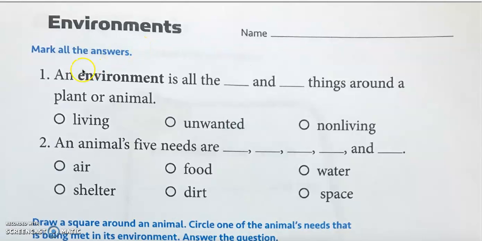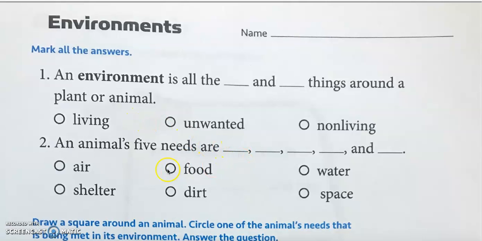Environment. Okay, number 1, an environment is all the blank and blank things around a plant or animal. Right. An environment is all the living and non-living things around a plant or animal. So that's number 1. And number 2, an animal's 5 needs are, right.